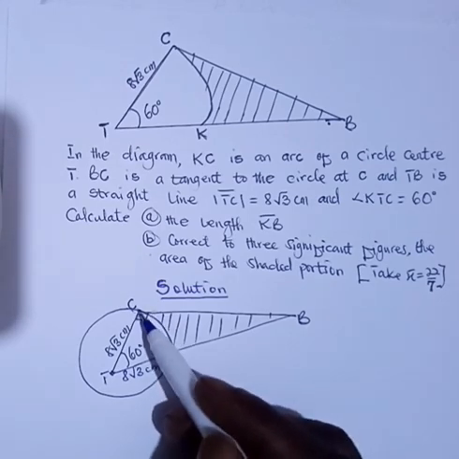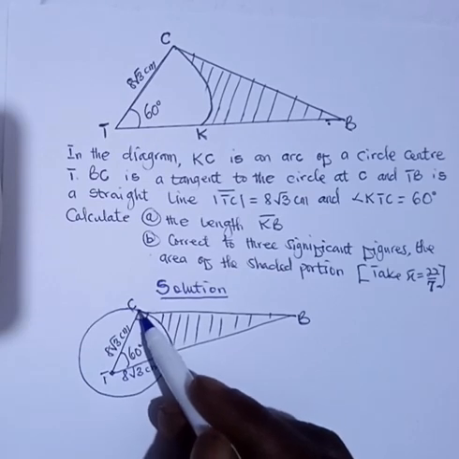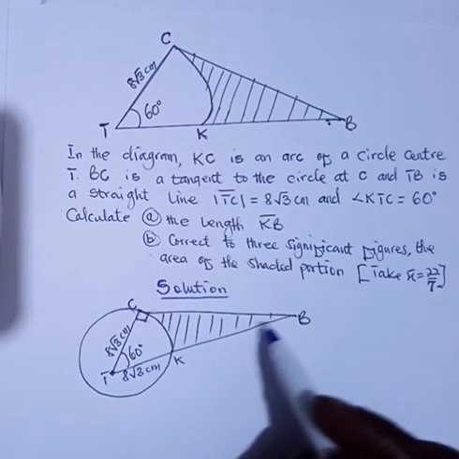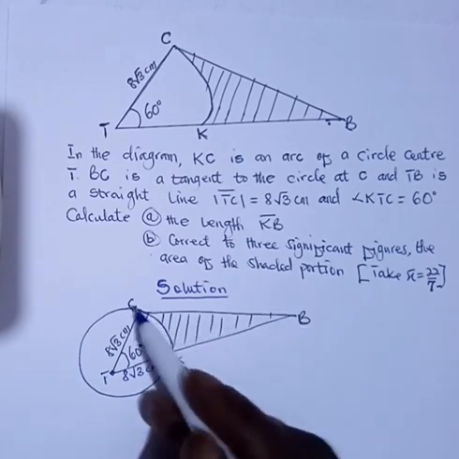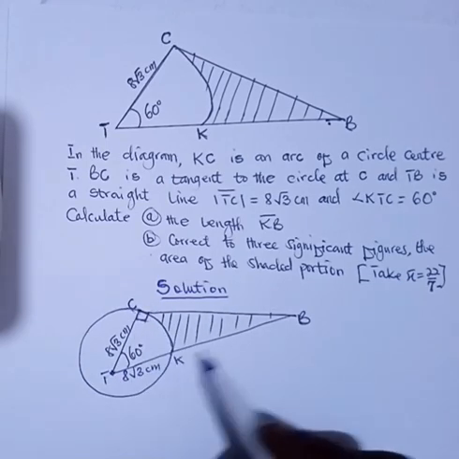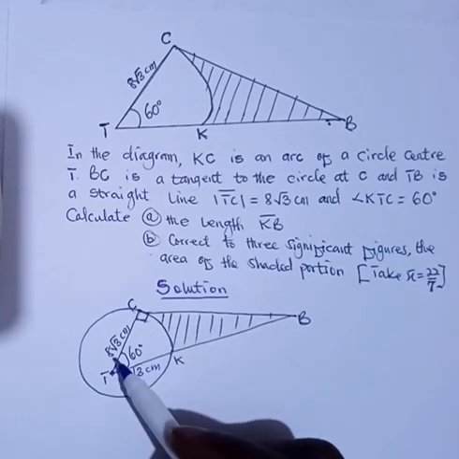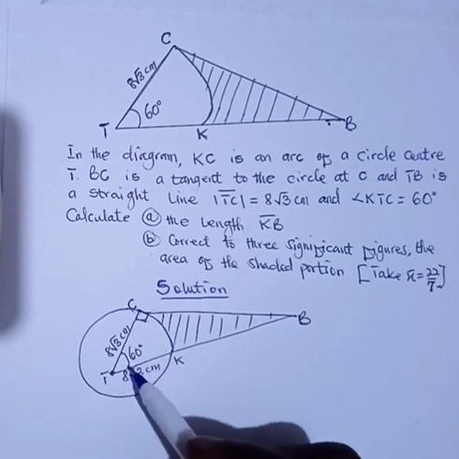Good. So if you are able to identify that this angle is 90 degrees, then the whole of this shape TCB or BCT becomes a right angled triangle.